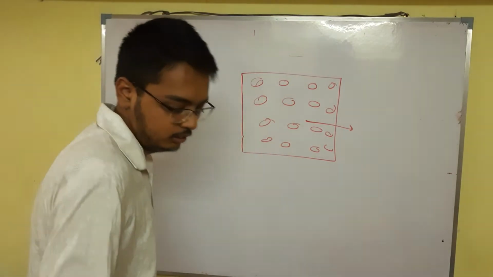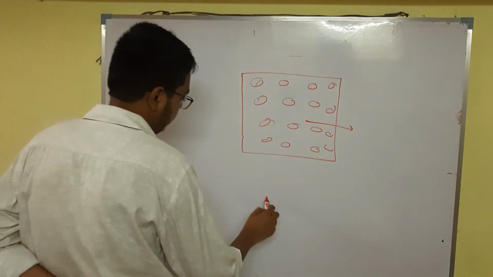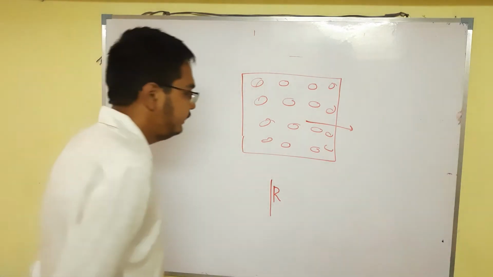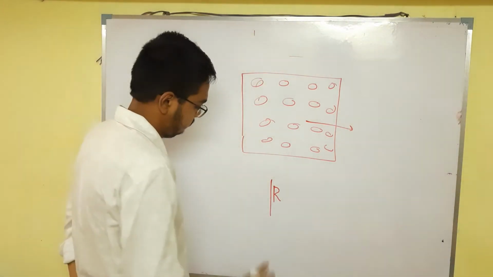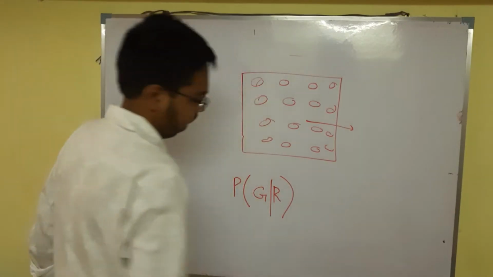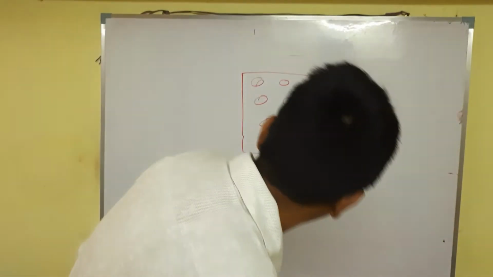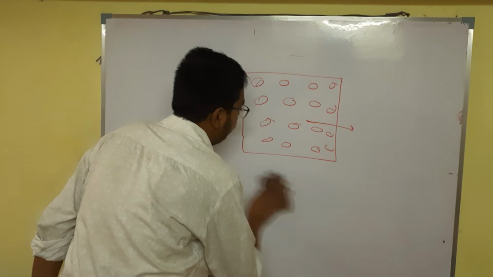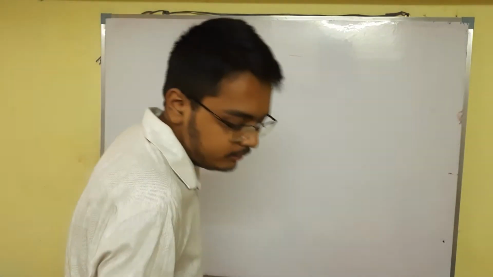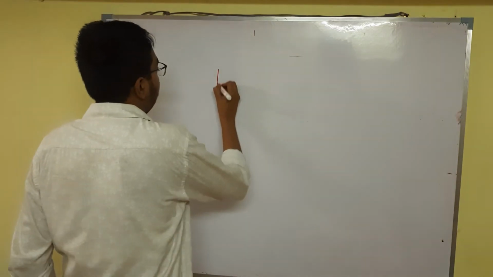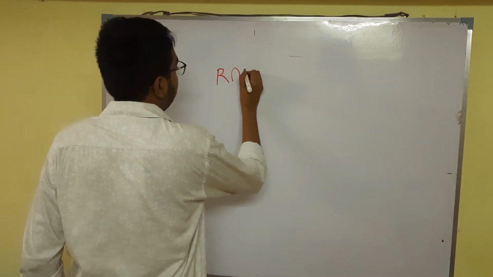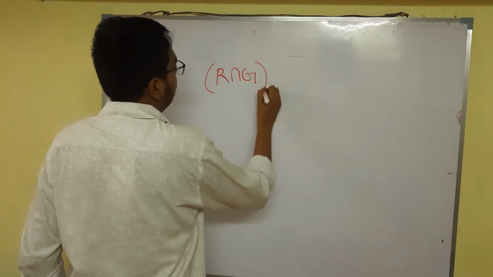So you have to find, if I collect a red one, what's the probability that it could also be a green one? Now, that's the tricky part. All we have to do is find these numbers: how many of them are red and green all together.